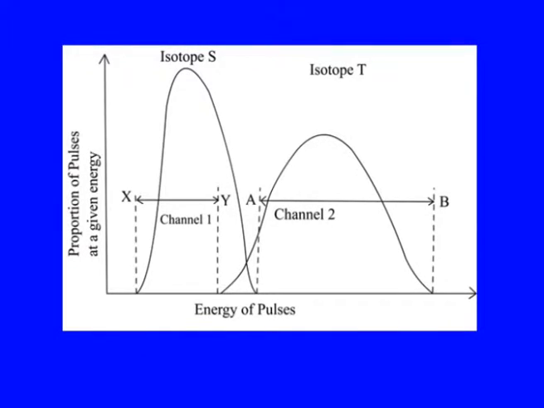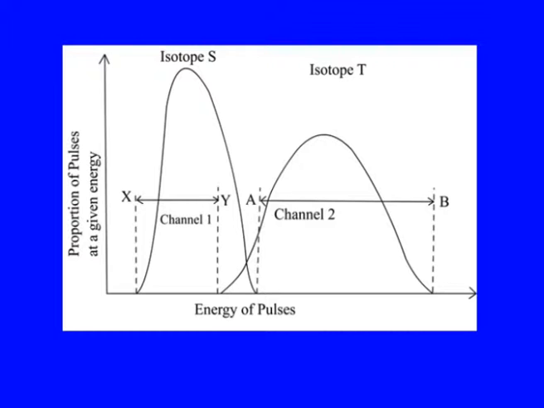Now, this figure clearly shows what we were discussing here. You are trying to detect two isotopes. You can see there is an X threshold and a Y threshold, which we call the Y window, and this part here will be measuring this channel.